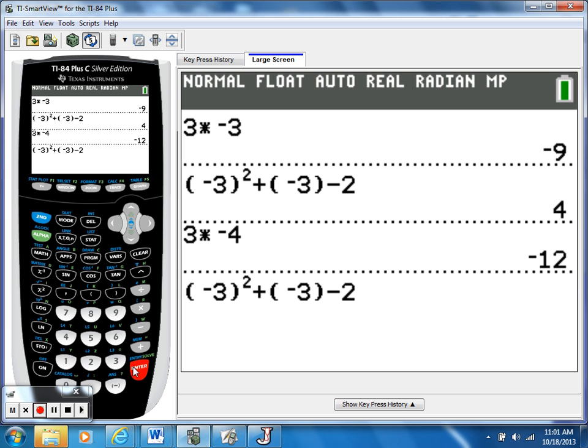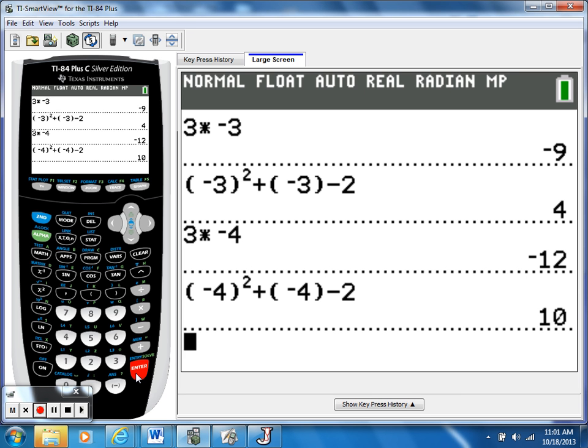All my negative 3s, all I have to do is change those to 4s. I don't have to retype it. I accidentally clicked the wrong key there. Now I get negative 12 over 10. So I don't have to retype if I type it once correctly. I can just use the second enter key, and that pulls up the last several keystrokes.